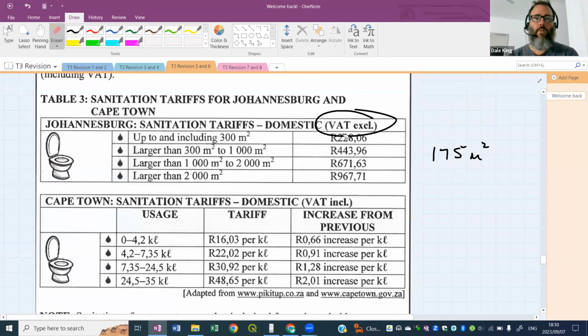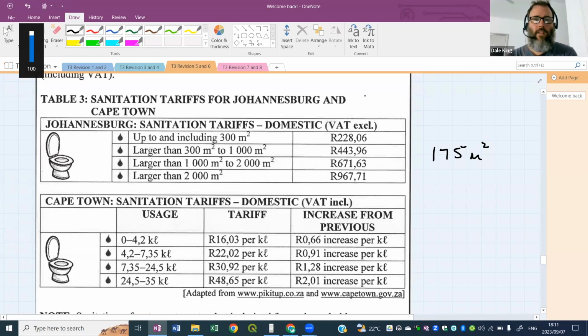Who's got an answer for me? Write down to the nearest 10 cents the tariff for a property that is 175 meters squared. Anybody? Come on now, guys.